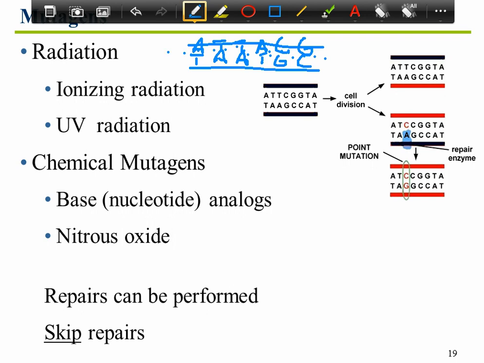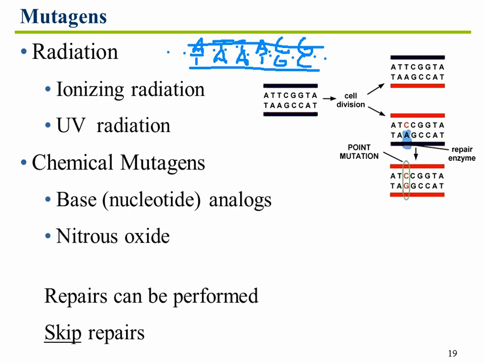But with UV radiation as a mutagen, when you have two adjacent thymines, like right here, a bond forms between them. I'll change into a red color here. They form a bond called a thymine dimer, and that messes up the attachment to the other strand, and then it messes up the replication. That's UV radiation's effect.